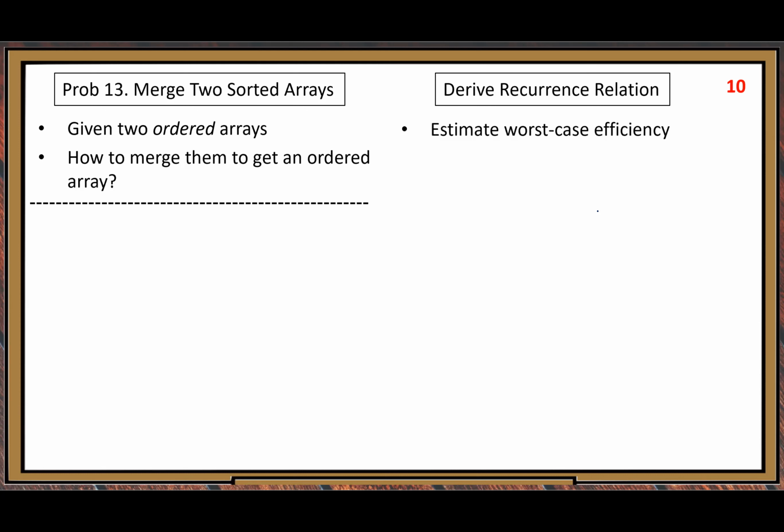The first step, we need to estimate the worst case efficiency. So let's look at the worst case efficiency first. Remember, I mentioned before, we do even split on our data.